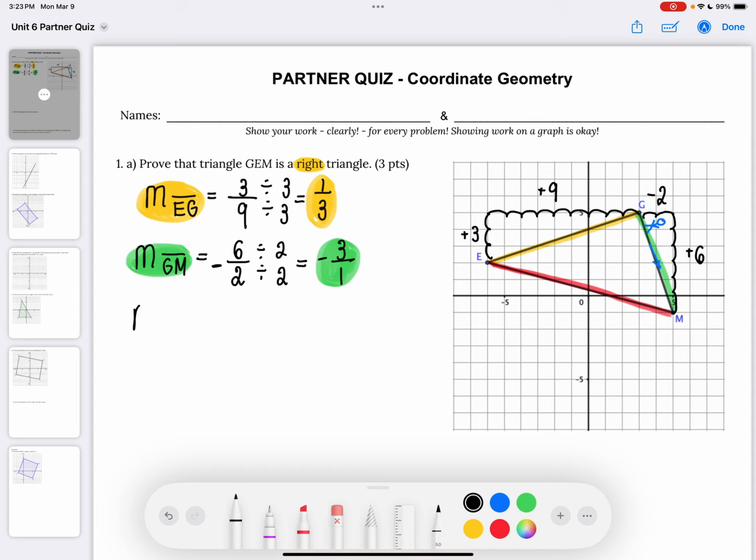So slope of line segment EM is equal to rise over run. So I have going down 1, 2, 3. So that's going to be a negative 3. And also I'm going to go to my right. So it's going to be positive right here. So 1, 2, 3, 4, 5, 6, 7, 8, 9, 10, 11.